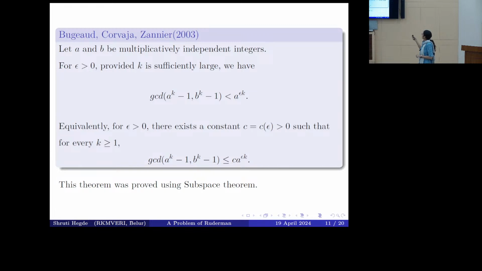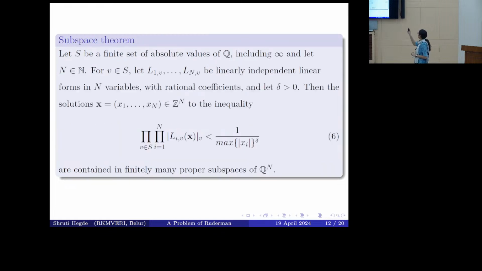This theorem was proved using the subspace theorem. Ranga sir has already stated and explained the subspace theorem. I'm stating it for the sake of completeness. We don't have to try to understand the theorem itself, because we will not be looking at the detailed proof of that theorem, the previous theorem. It is sufficient for us to only understand what this theorem is giving us. Right?